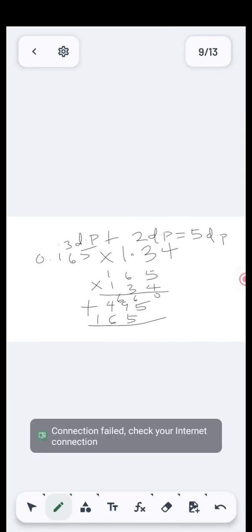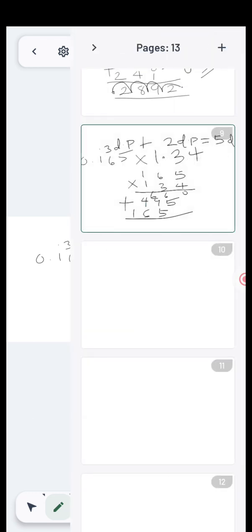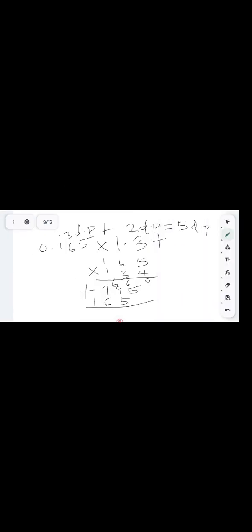Let's go to the next slide. Let's just do it by the side. 6 plus 5 is 11, write 1 carry 1. 6 plus 9 is 15, 15 plus 5 is 20, 20 plus 1 is 21.